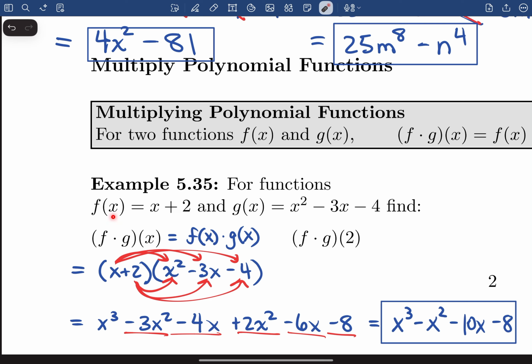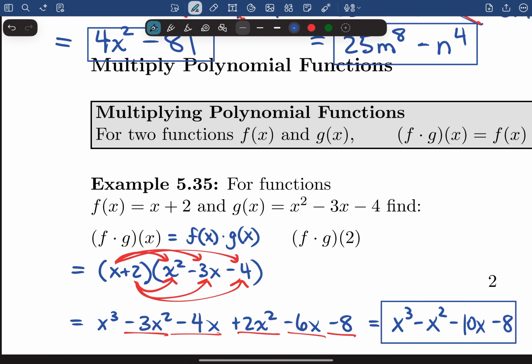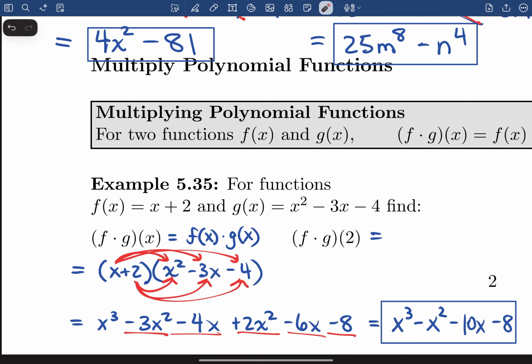Multiplying the f of x output with the g of x output. Or you can be more clever. Here's what clever students do. Well, they already found f times g of x. It's this stuff. So they can input 2 in for x in this answer that we got here.